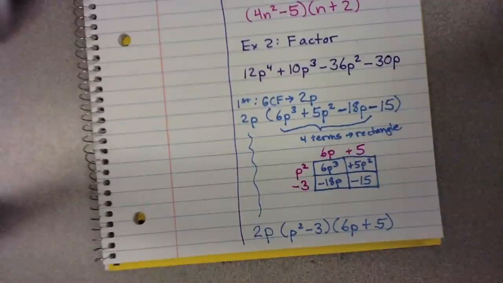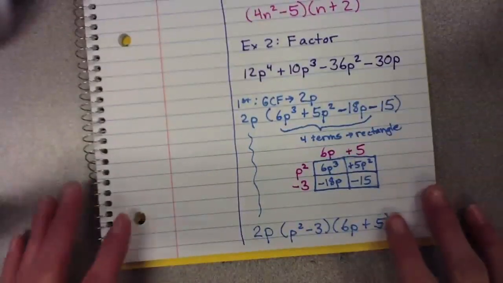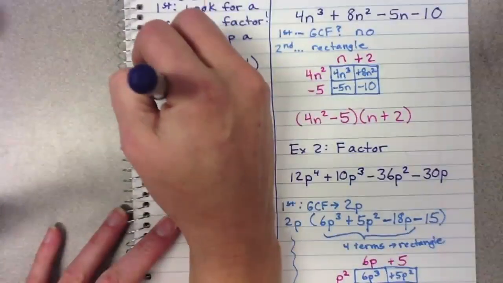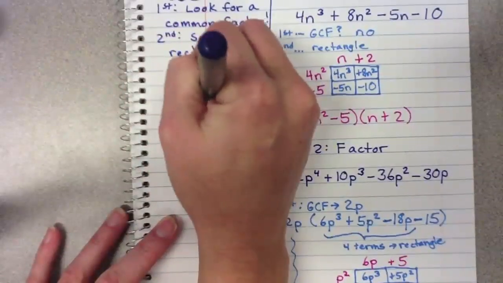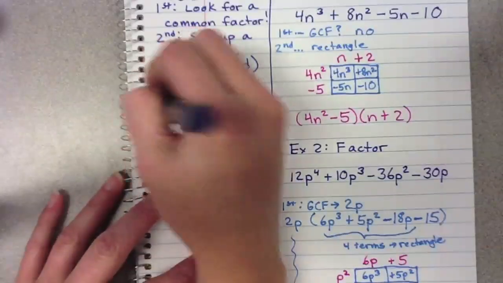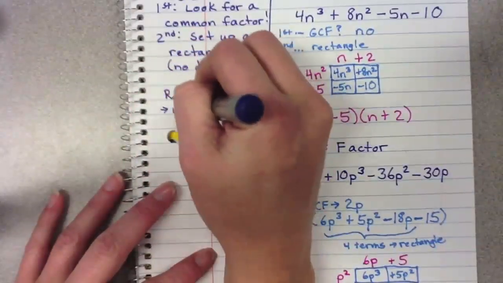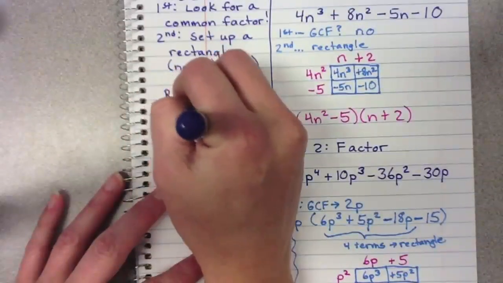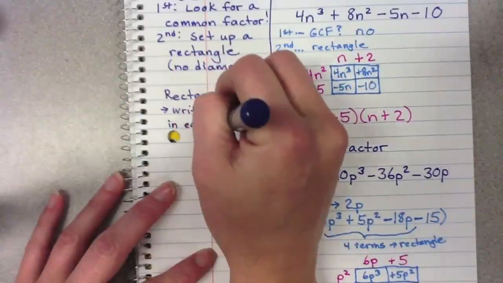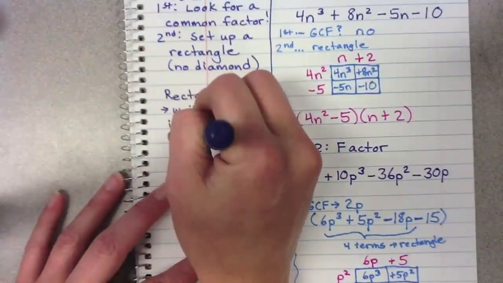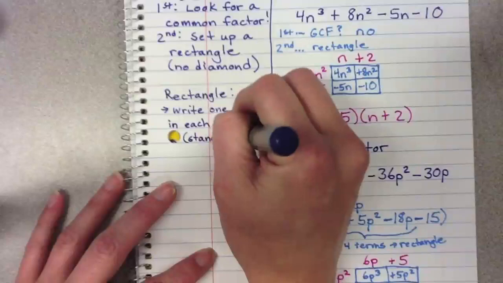No? Okay, so we're going to add some stuff to the left side of our notes. When you have the rectangle, we're just going to write this in so you have it today if you need it, or later when you're studying if you forget. You're going to write one term in each square, and make sure that the expression was in standard form.